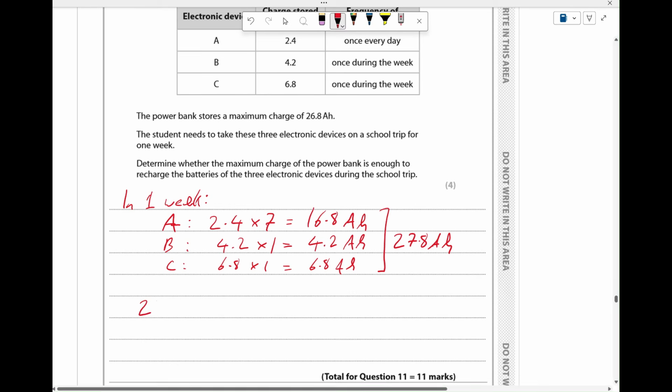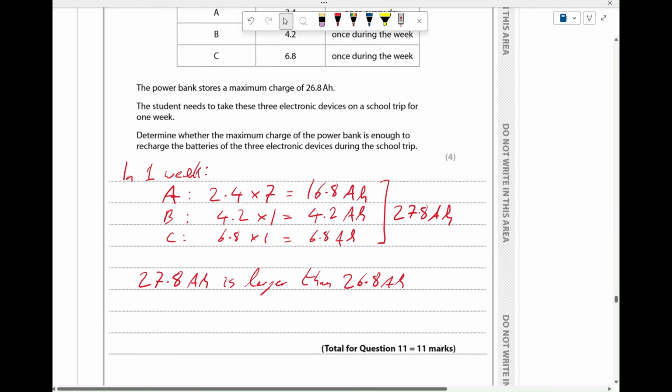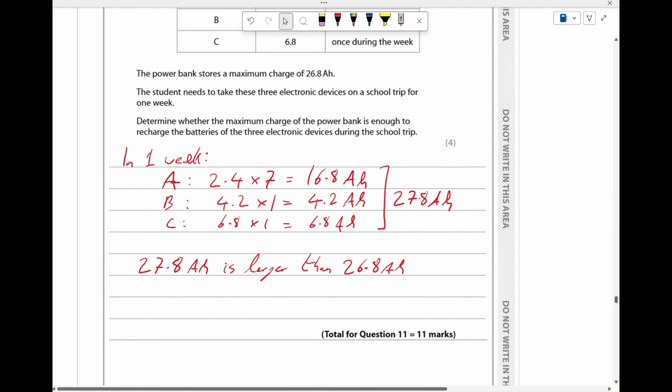So 27.8 amp hours is larger than 26.8 amp hours. Determine, so cannot fully charge them, or I'm just wondering if that device A, do you only need to charge it 6 days?